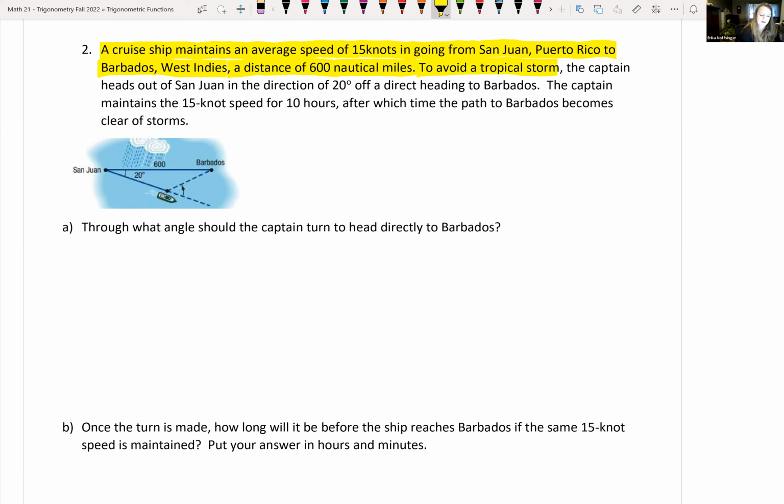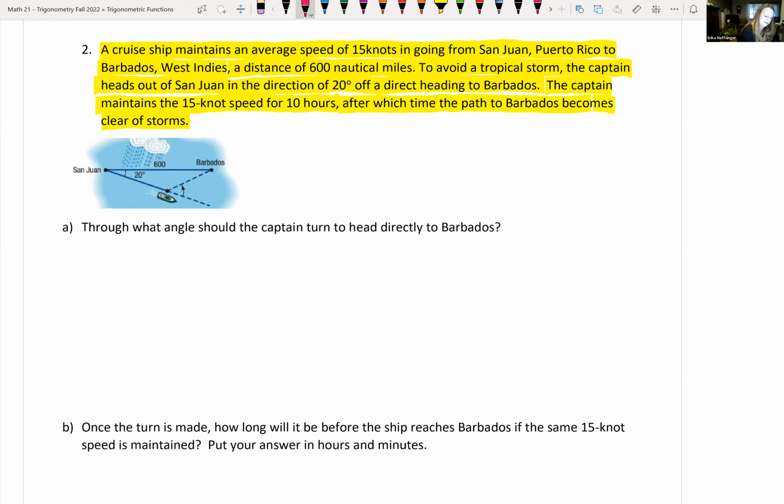To avoid a tropical storm, the captain heads out of San Juan in a direction of 20 degrees off a direct heading to Barbados. The captain maintains the 15 knot speed for 10 hours, after which time the path to Barbados becomes clear of the storm. Through what angle should the captain turn to head directly to Barbados?